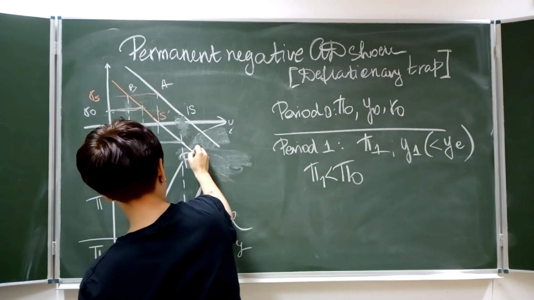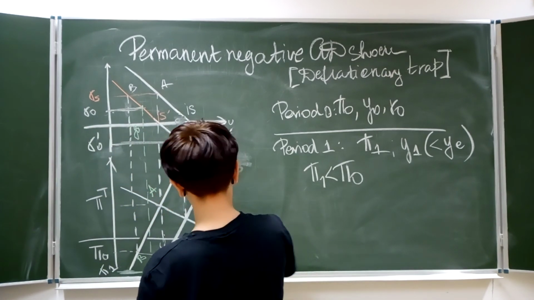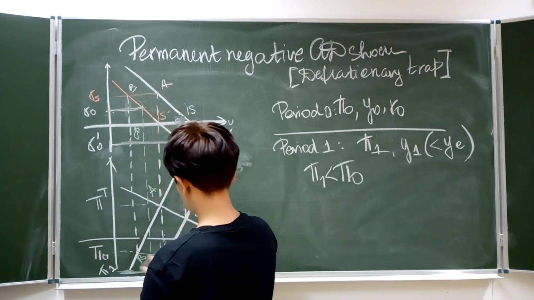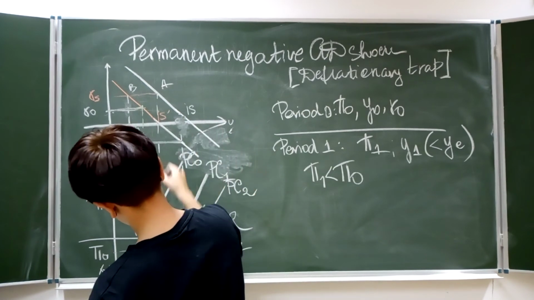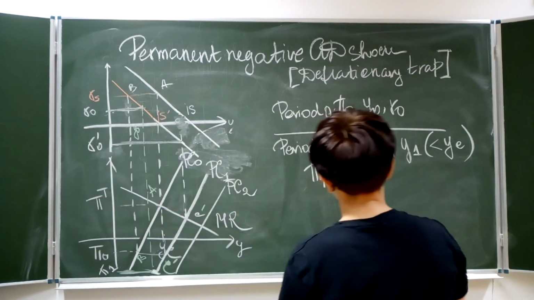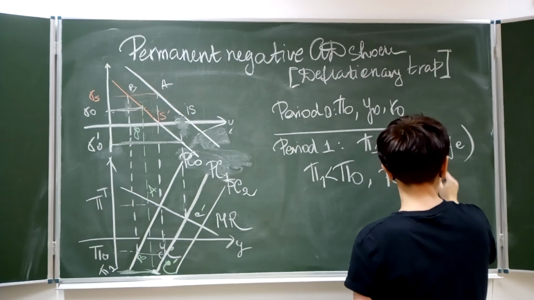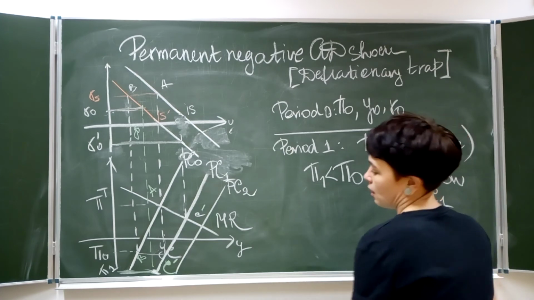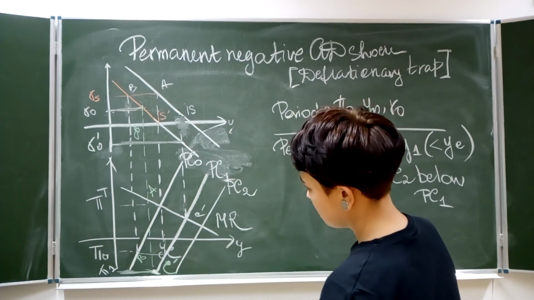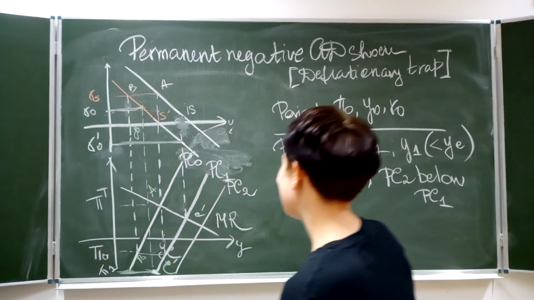So in comparison to the Phillips curve in period 0 and the Phillips curve in period 1, in the next period the Phillips curve should shift down. So PC2 will be located below PC1. It's not visible here, but you can get the idea.